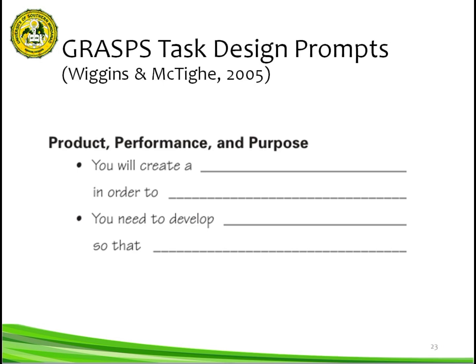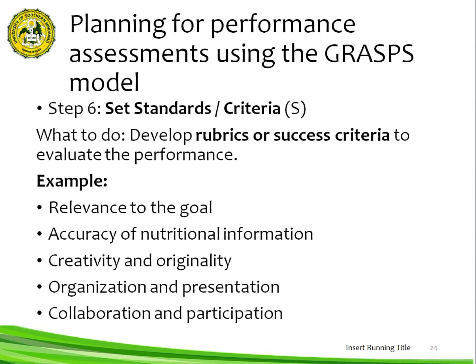So these are the design prompts for product, performance and purpose: you will create a, in order to, then you need to develop. The last step is planning the performance assessment, using or incorporating GRASP, which is the set standards or criteria.